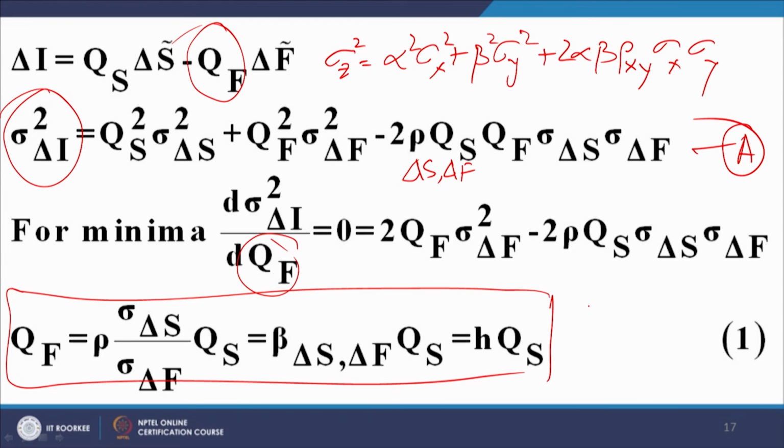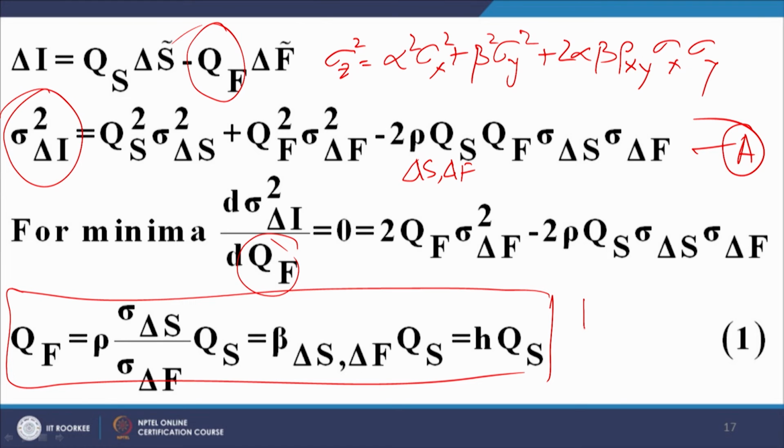QF is equal to rho into sigma delta S into QS divided by sigma delta F. Now, rho sigma delta S upon sigma delta F is nothing but the regression coefficient beta delta S comma delta F. So, we can write QF as beta delta S delta F into QS, but using the definition of the hedge ratio. What is the hedge ratio?